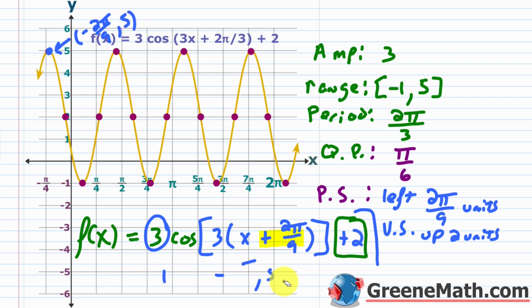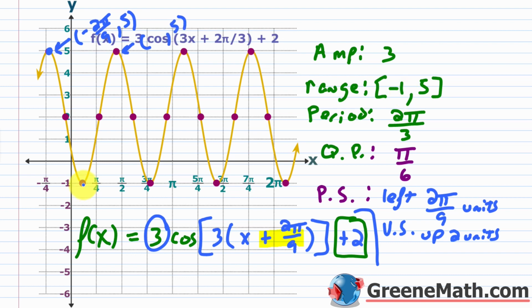Now, when you go to get the other points, what I would suggest is just getting your y values first. They're really easy to figure out. Remember, at the beginning of the period and at the end of the period, you're at the maximum. So here's your beginning and here's your end. Okay, so you're going to be at the maximum. So let me put a comma here and then put a 5. Okay, so I know the y value there is 5. I know that halfway through I'm at the minimum. The minimum is negative 1.